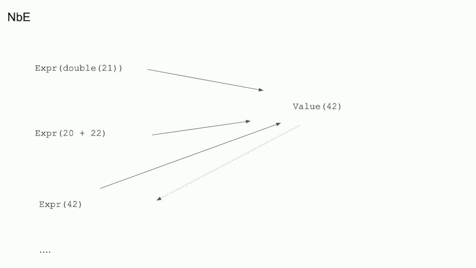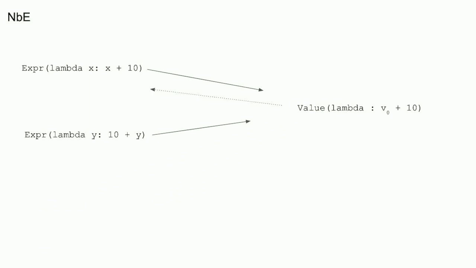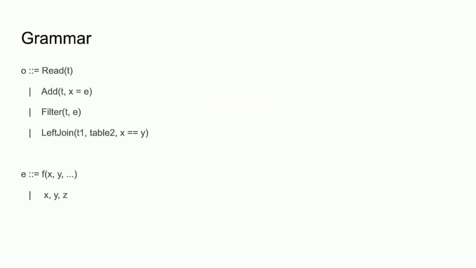Things can get a little more interesting when you have variables and binders. Maybe you do some variable elimination, or alpha equivalence using de Bruijn numbers, or one way or another, and maybe you can do some swapping of the order. So that's the general idea. And now let's go back to this feature engineering problem.